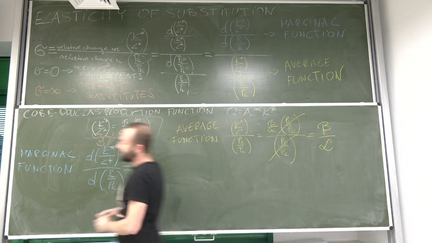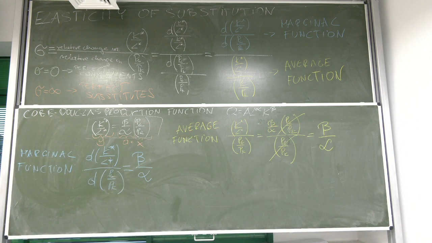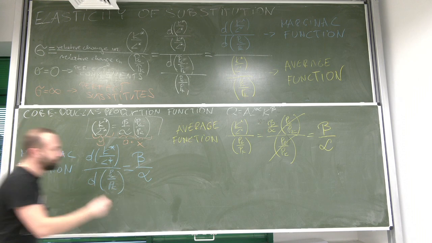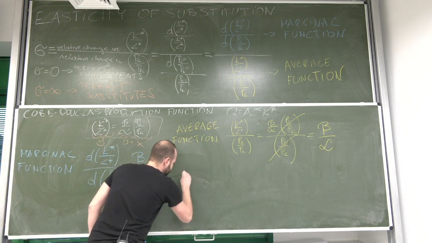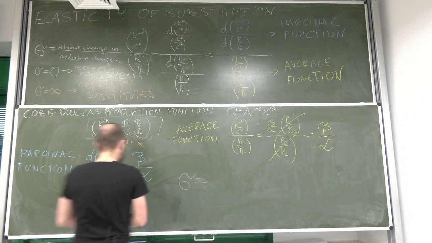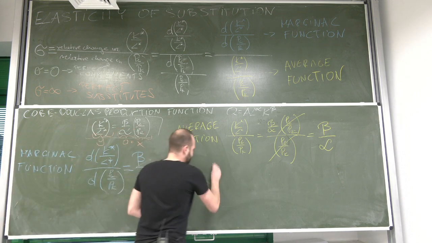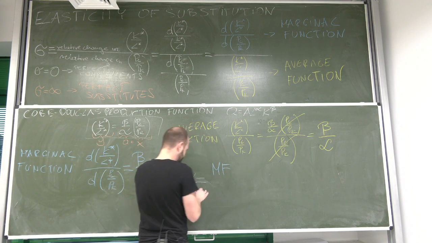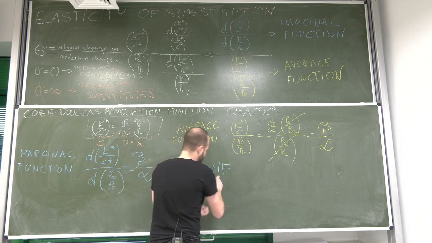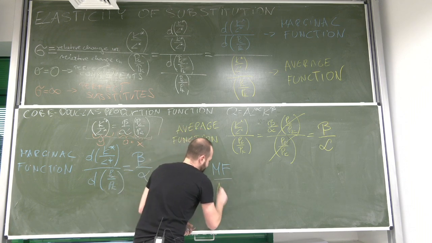Okay, and this leads us to our very, very last step. As we know, our elasticity of substitution is, of course, measured here as a ratio of the marginal function to the average function.